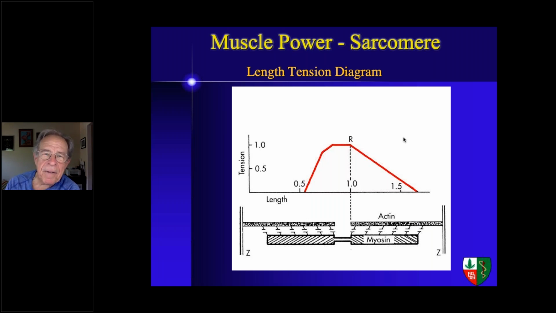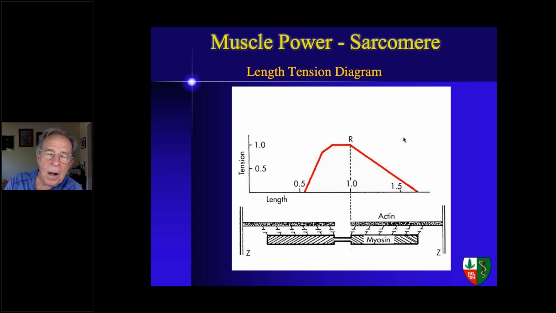And this is generally felt to be the resting length of the muscle. And this is the place where the actin and myosin elements all line up and overlap as much as possible. The farther you move in one direction or another from that R point, the less these units line up and the less power there is in the sarcomere.